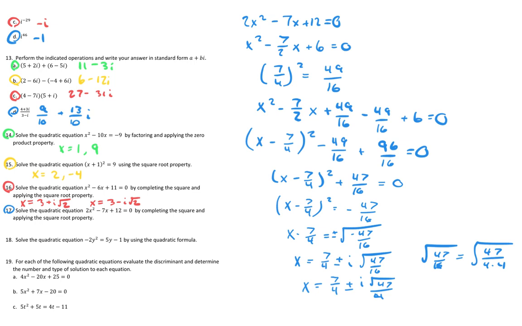So if we write our answers here, we have x equals 7/4 plus i times square root 47 divided by 4, and x equals 7/4 minus i times square root 47 over 4.